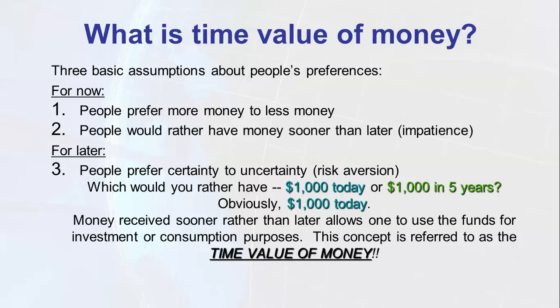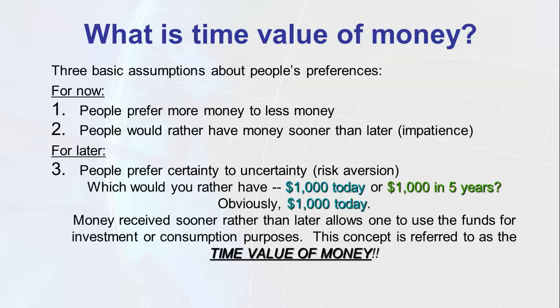The other one, for later, is risk aversion. People prefer certainty to uncertainty. The future is uncertain, so if you are given a choice between present and future, you want present.